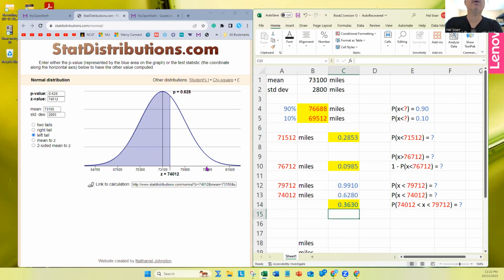Because what we want is the probability. Let me put in a line here. Okay, where's my drawing tool at?